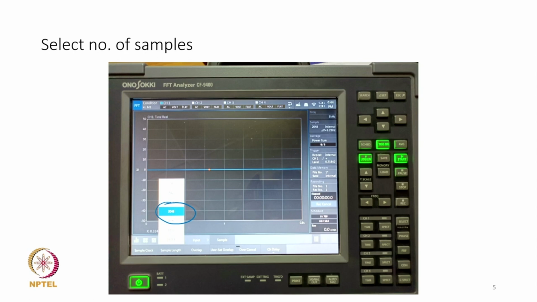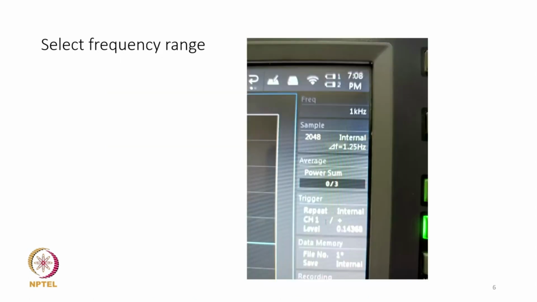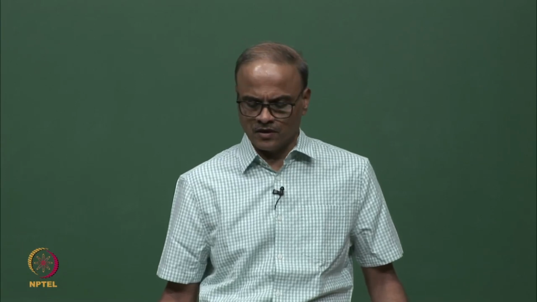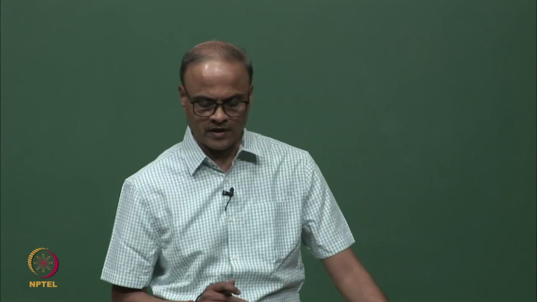So 2048 samples have been chosen. The next setting relates to the selection of the frequency range of measurement, and as we said, we are interested to measure the FRF over a range of 0 to 1 kilohertz. So now this information has to be provided in the analyzer.